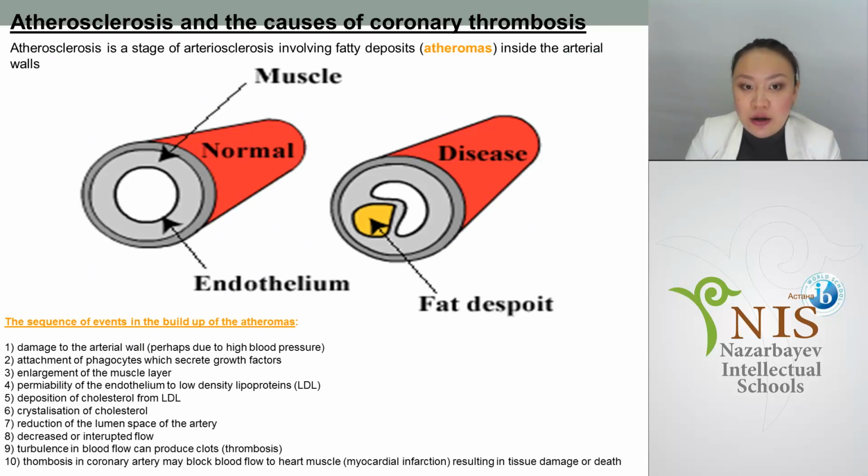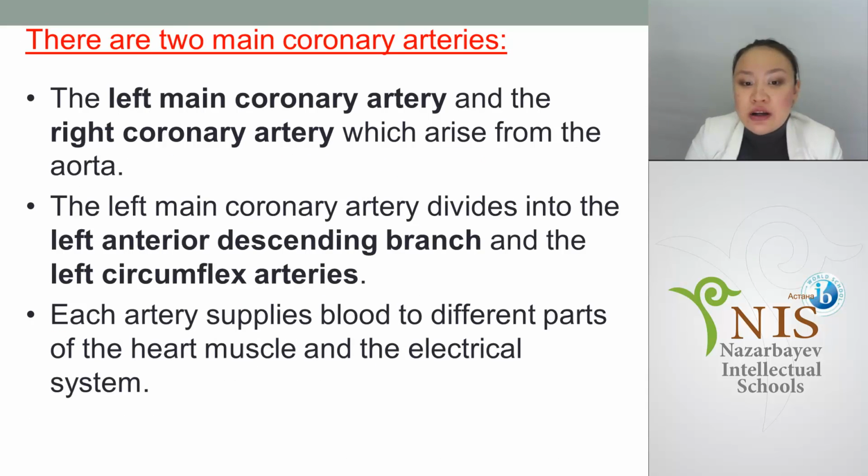Okay, I think you understand what is the function of coronary artery. The heart couldn't take its nutrients and oxygen which it needs for its own work, but this coronary artery supplies the heart with it.